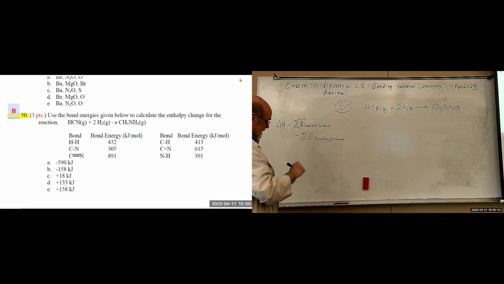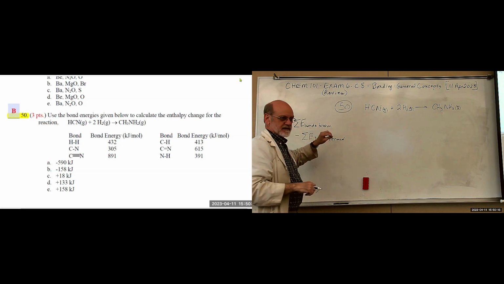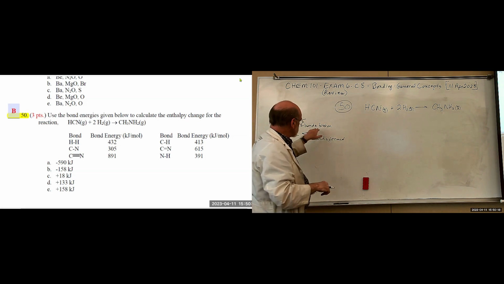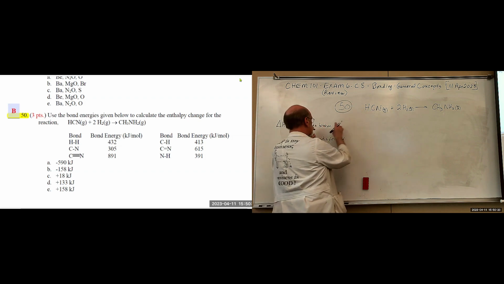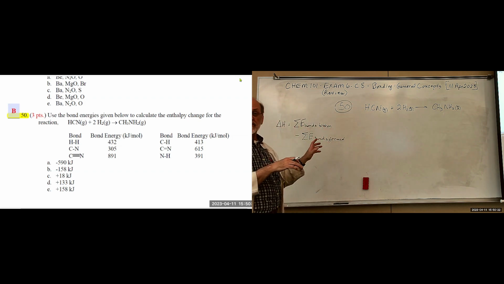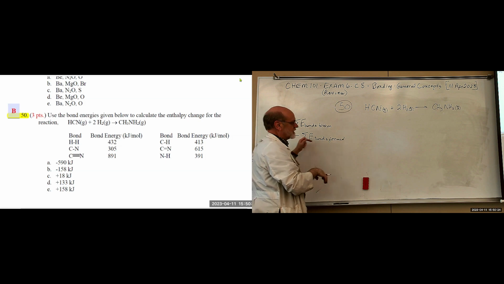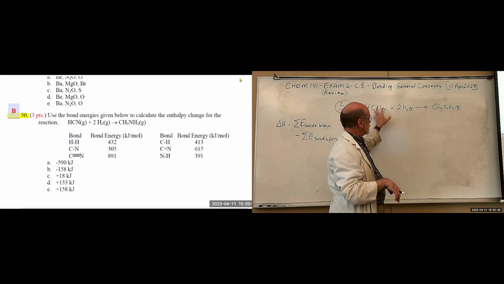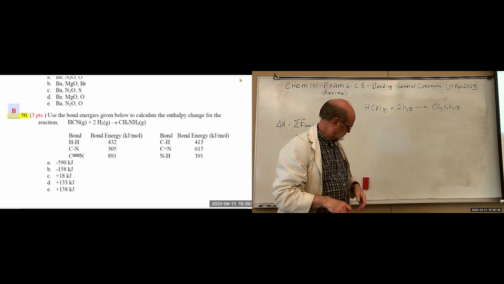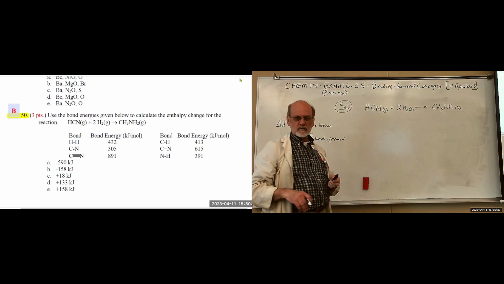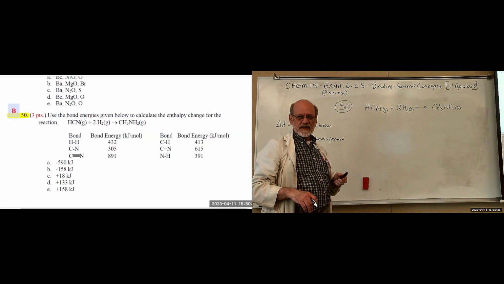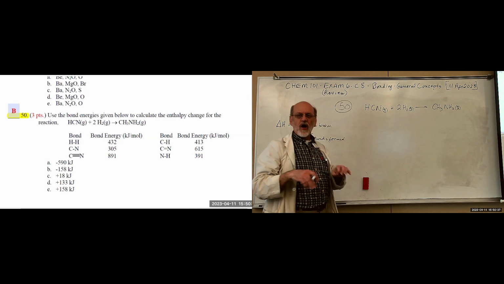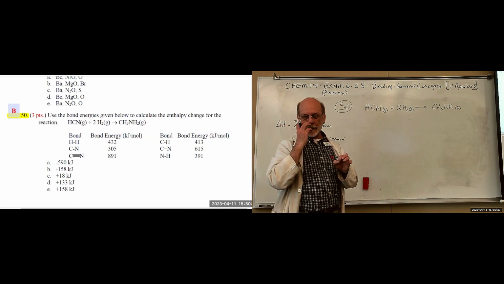When you look at it this way, it's easier to determine that these bonds have to be broken, which means reactants come first. Then we subtract the energies for the bonds that are formed, because the energies for all these bonds are always positive values.